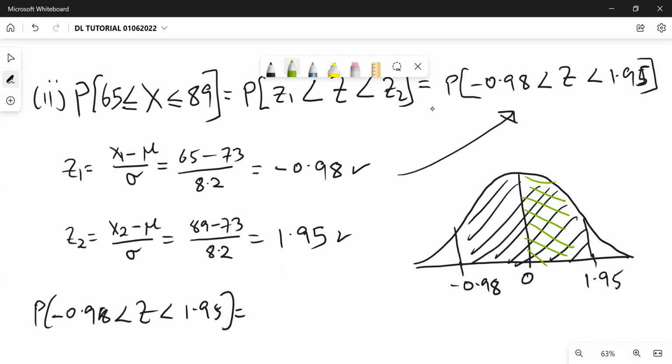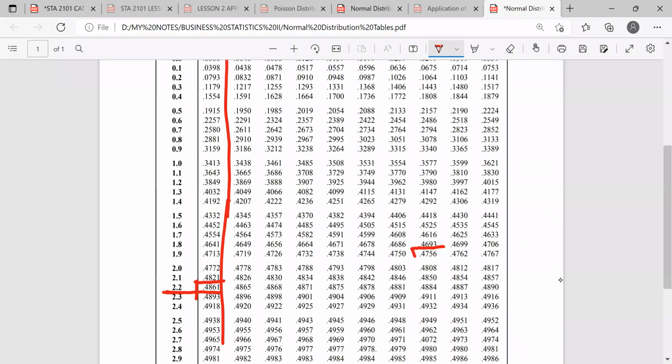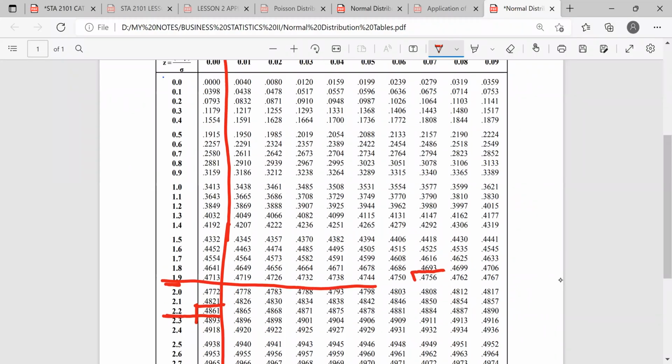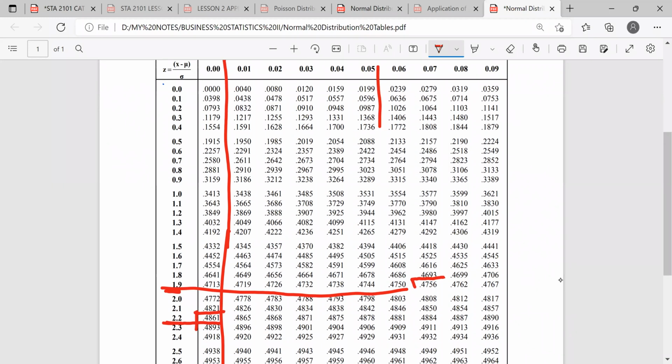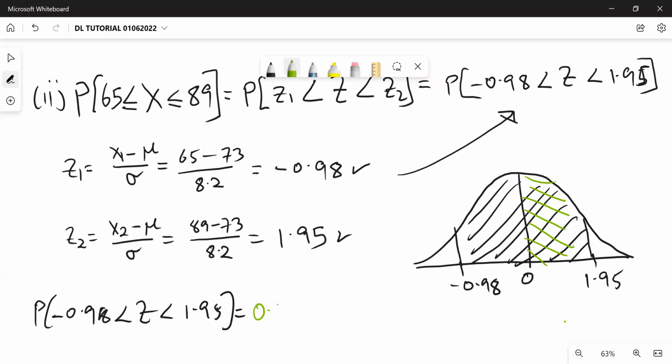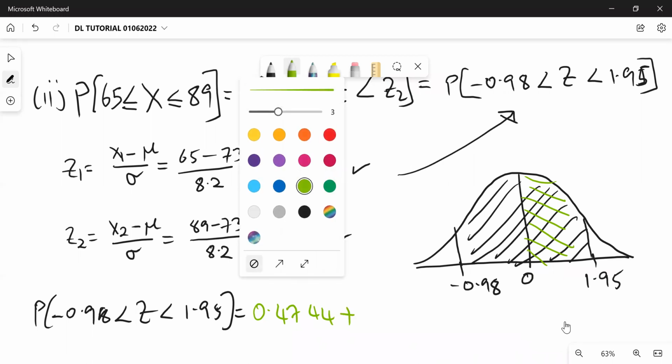So Z of 1.9 is here, then 5 is here. That gives 0.4744.